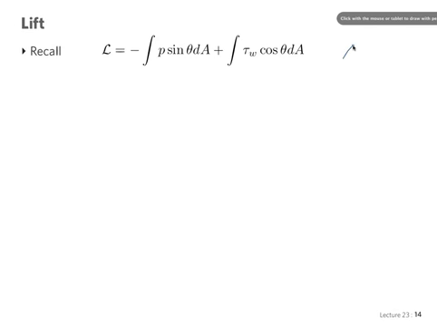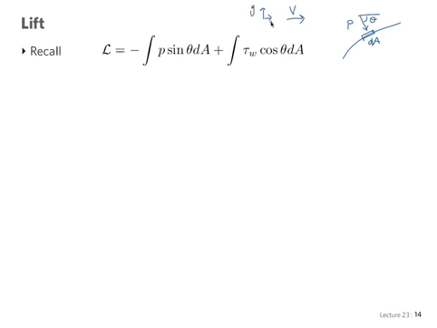If you recall, we looked at a small little element of surface like this, and we had the angle between the horizontal and the pressure. This was the pressure, this was theta, and we calculated the contributions of the pressure and the shear to both drag and lift for the case where the velocity was parallel to the x-axis.